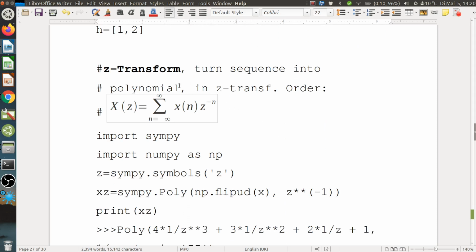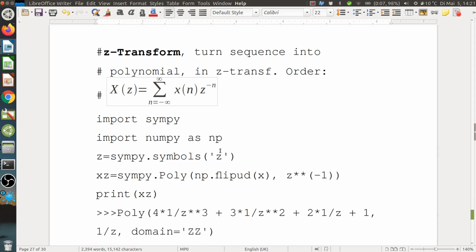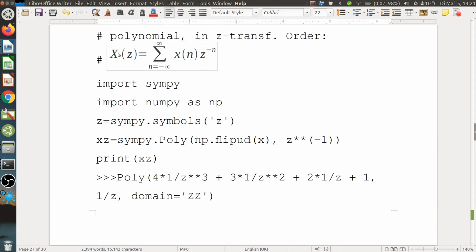We can turn the sequence into a polynomial or a Z transform using this formula, and here you can see the Python equivalent.